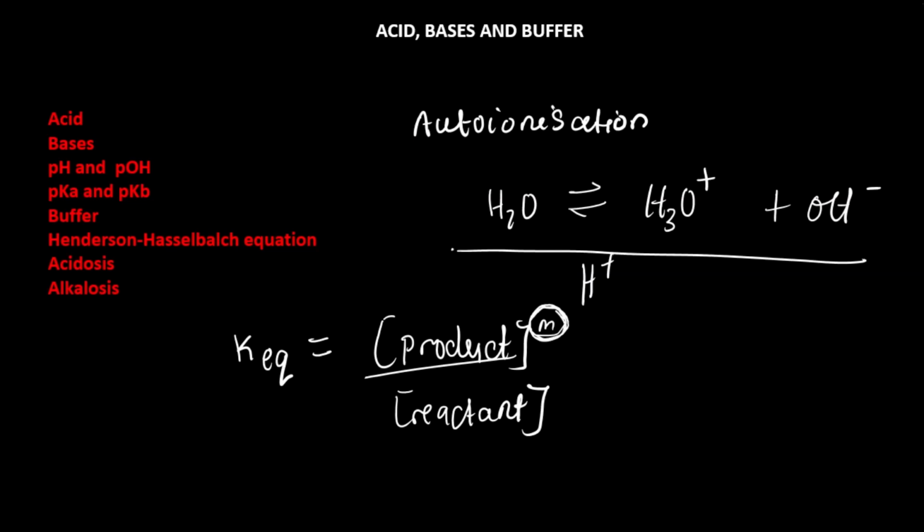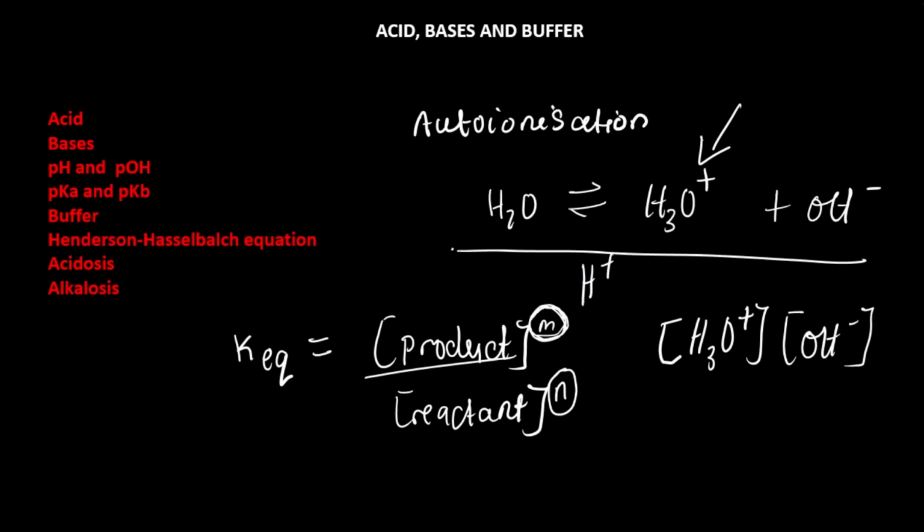M here refers to the mole of the product and N refers to the mole of the reactant. Now, applying this equation to this autoionization would be considering the concentration of hydronium and hydroxide ion, as well as the concentration of water.